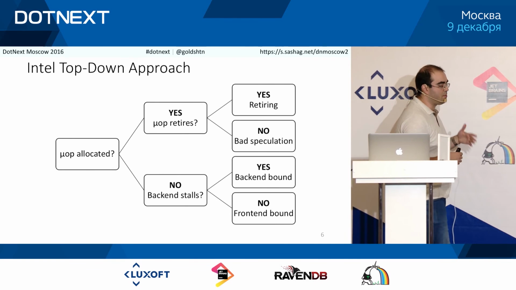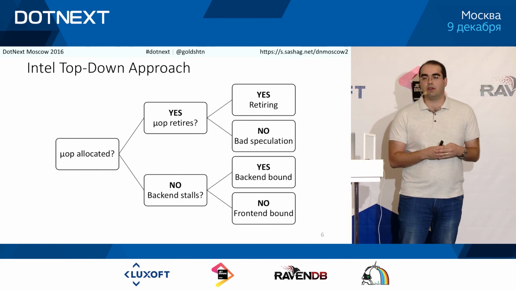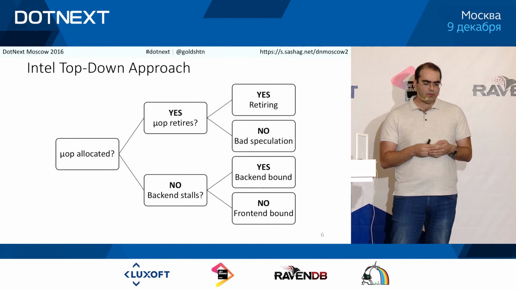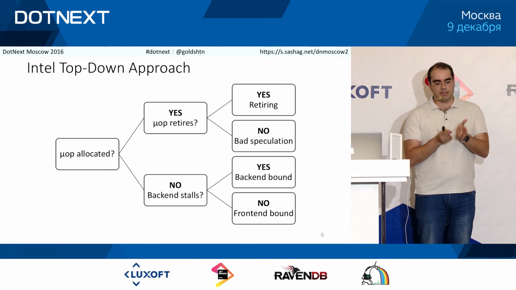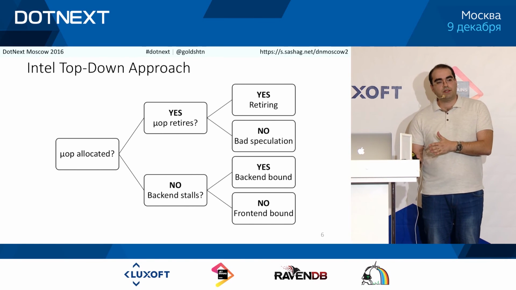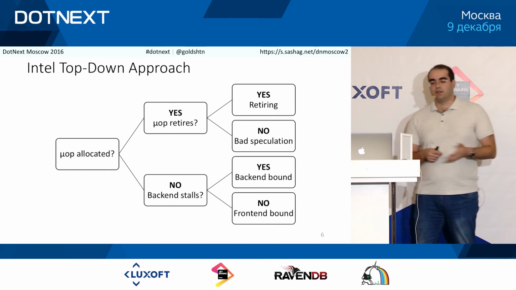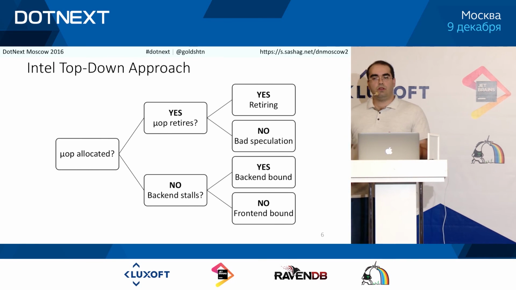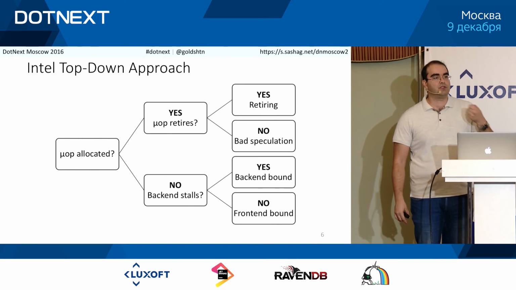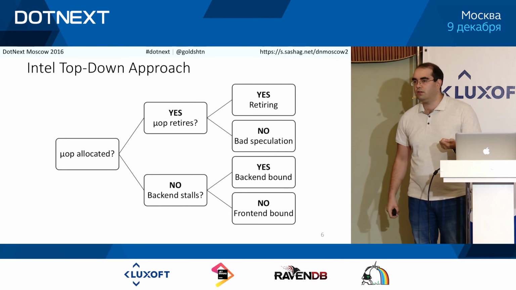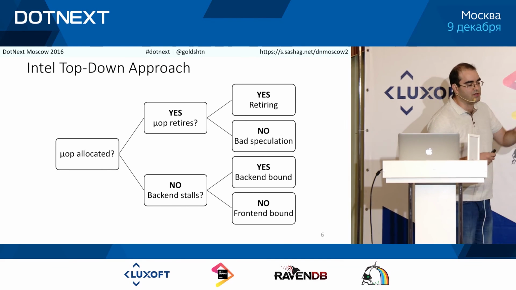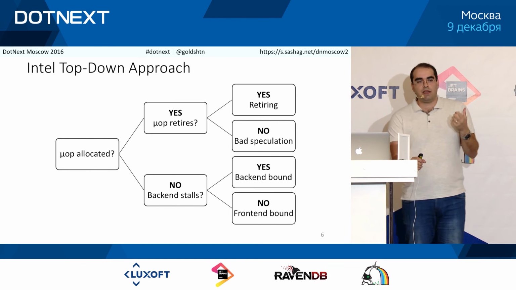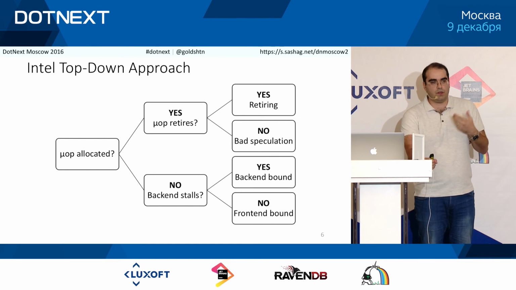The other option is on the bottom. You did not start executing a new micro-op. And this can be a result of a stall in the back end of the processor or the front end of the processor. So you might have a stall where you simply can't read instructions from memory quickly enough. You remember that you have to read instructions, you have to decode them, so you might not be keeping up with what the processor is doing.